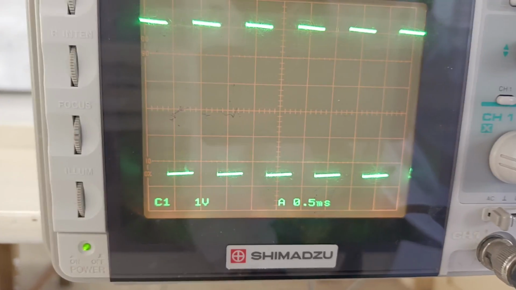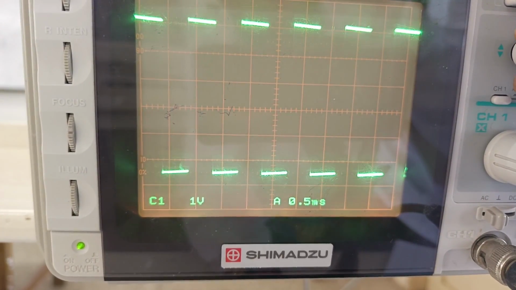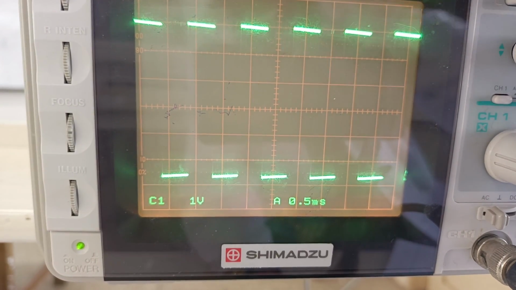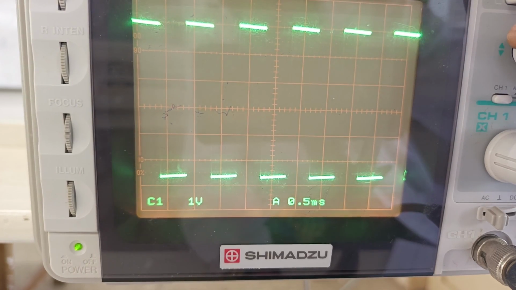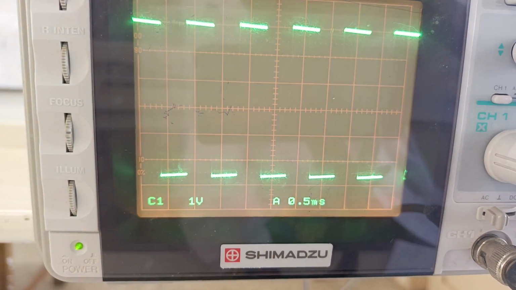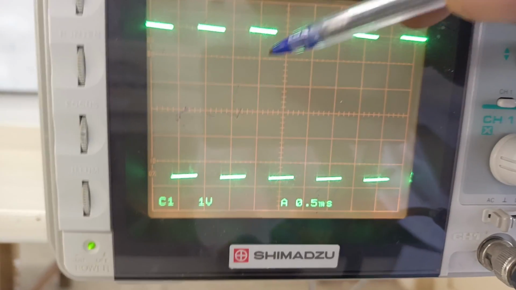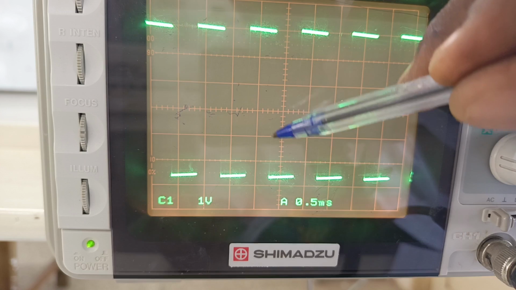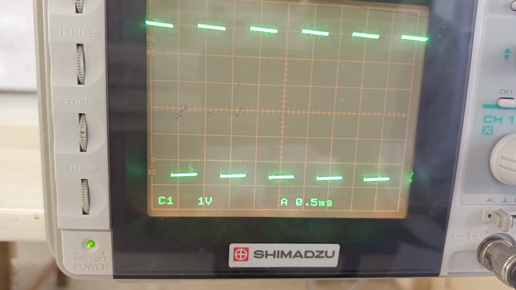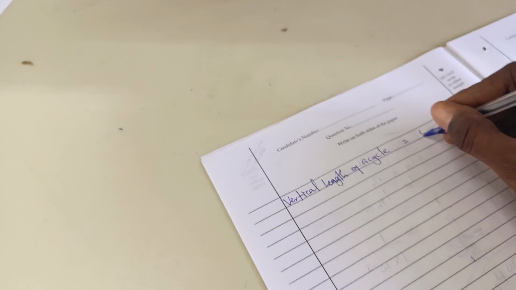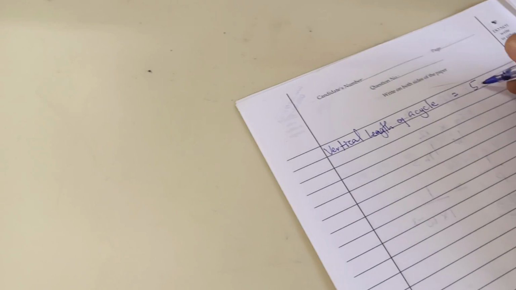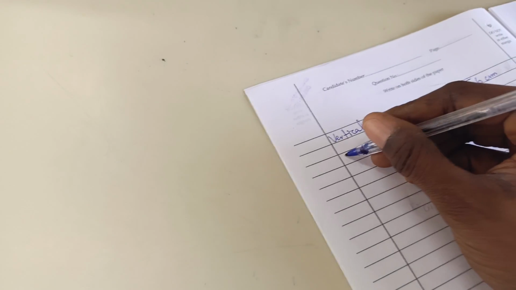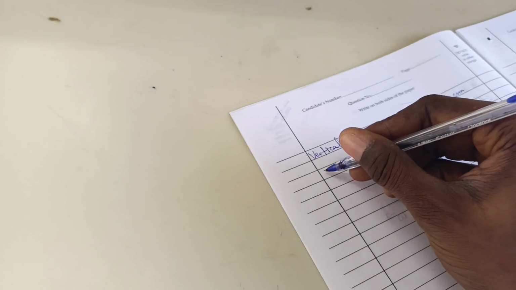We can adjust the position so that we fit this exactly on this line, then we start counting: 1, 2, 3, 4, 5, 5.6. So the vertical length is 5.6 centimeters.